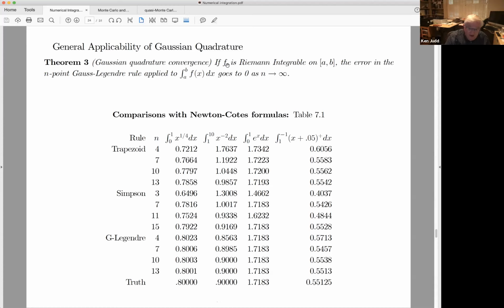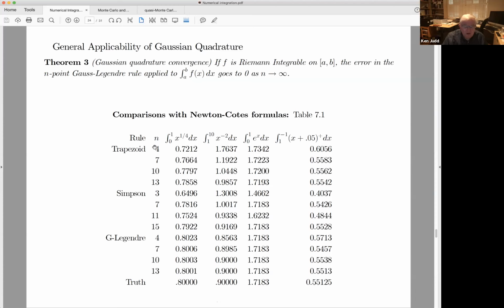As long as f is Riemann integrable on [a, b], which is a stronger requirement than Lebesgue integrable, and basically boils down to saying that simple quadrature rules work asymptotically, then the error in an endpoint Gauss-Legendre rule goes to 0.